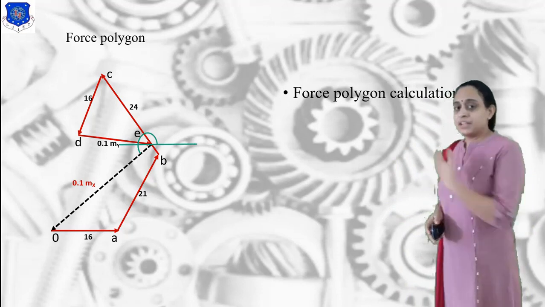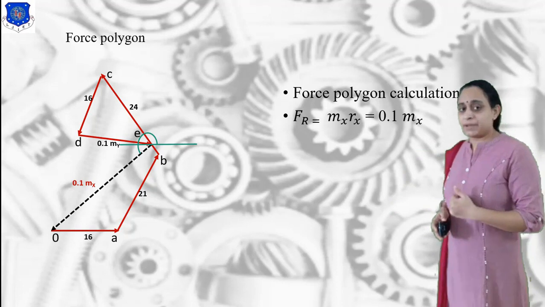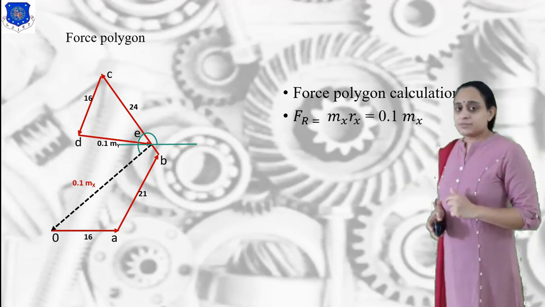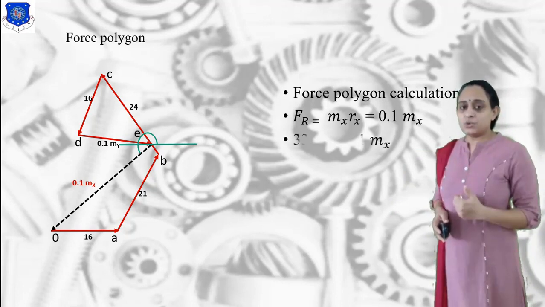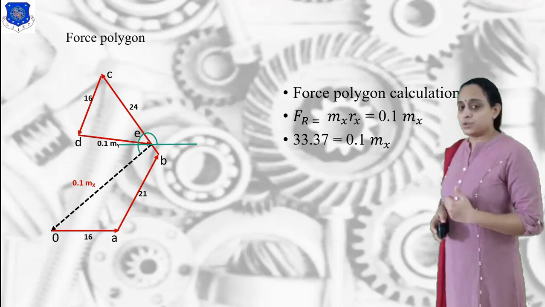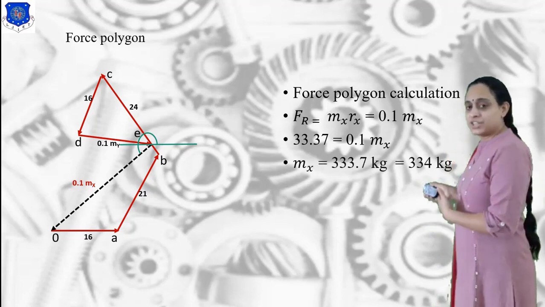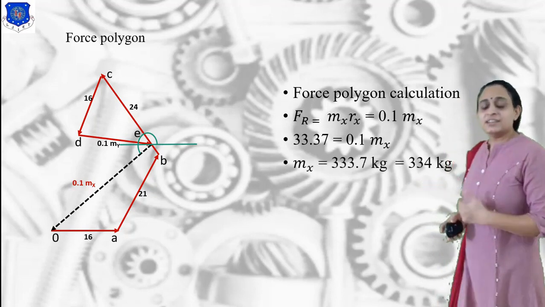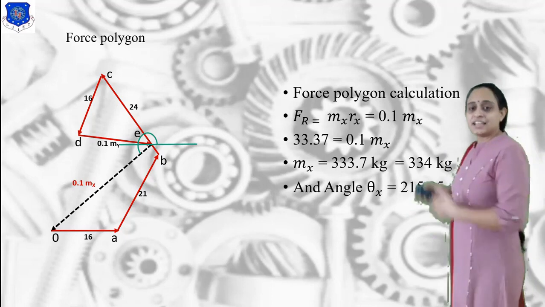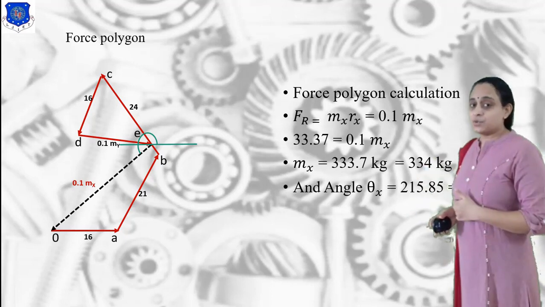It is like Fr is equal to mx Rx, 0.1 is 0.1 mx. Let us study or calculate the length value, and the length value is 33.37, which is 0.1 into mx. Find out the value of mx, we will get 334 kg, and the angle as theta x, which is 216 degree.